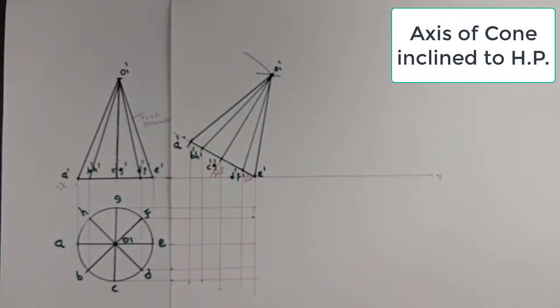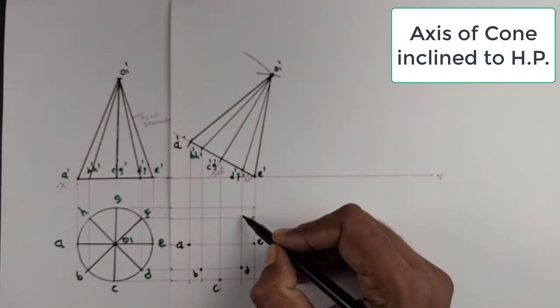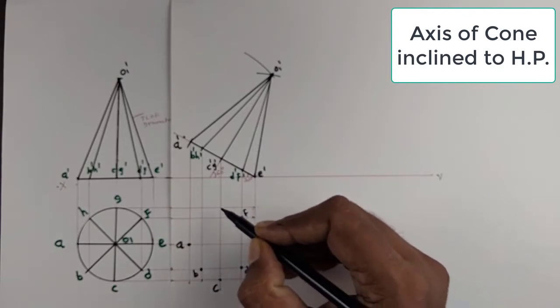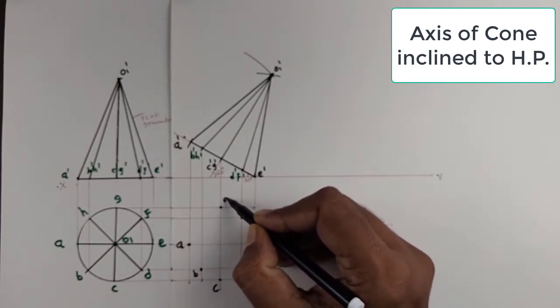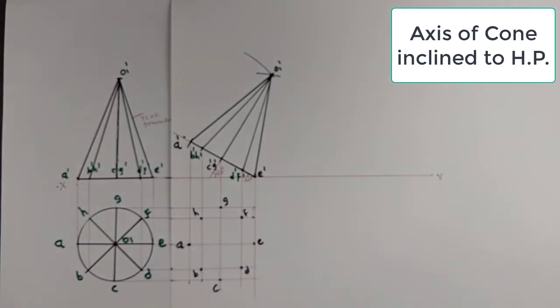Mark your intersection points. So this is my plan point A, this plan point B, plan point C, plan point D, plan point E, plan point F, plan point G, and plan point H.